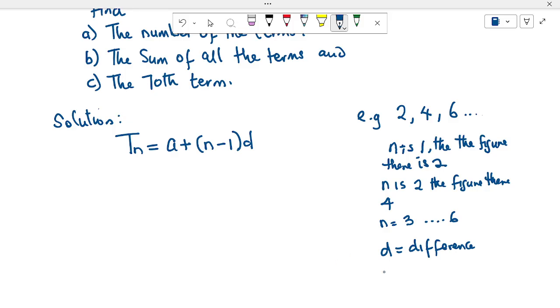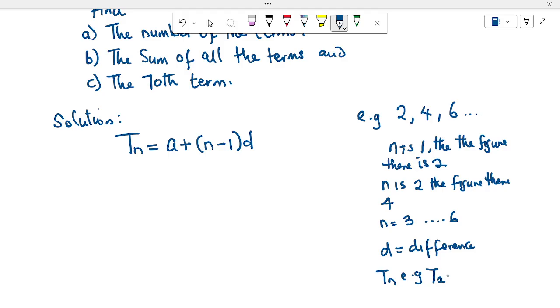Tn, e.g. T2, is the number or the figure in the second position.